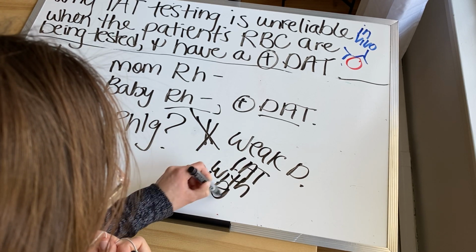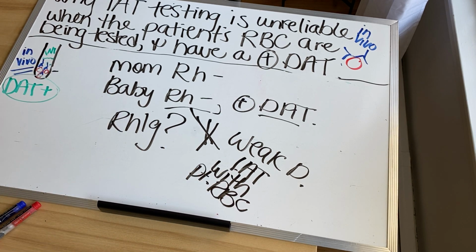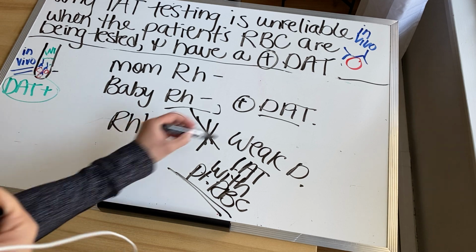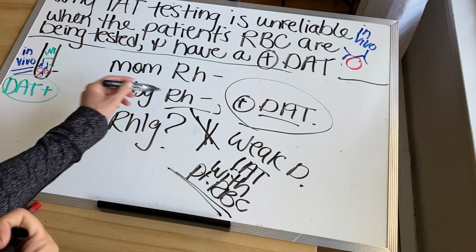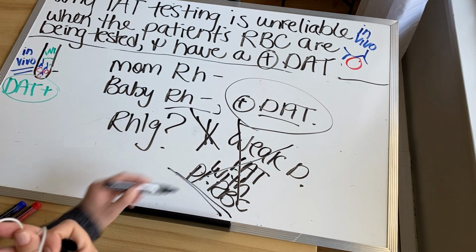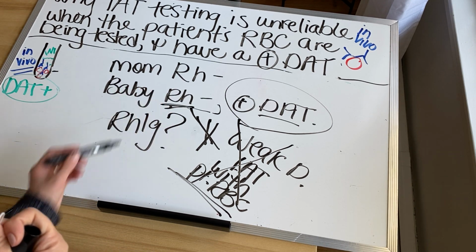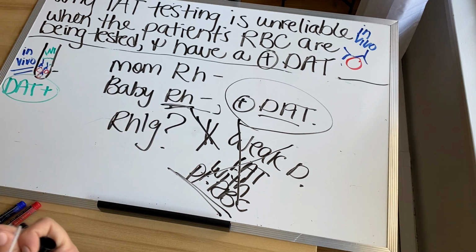And if we have to do weak D with the patient's red cells who have a positive DAT, then our weak D test is going to be unreliable. So we can't truly say that this baby is truly Rh negative, because we can't do the weak D test.